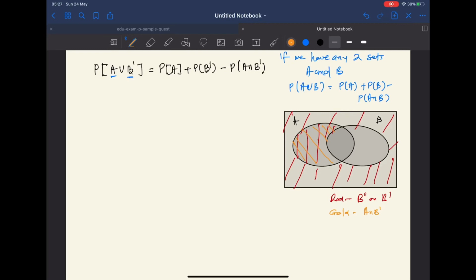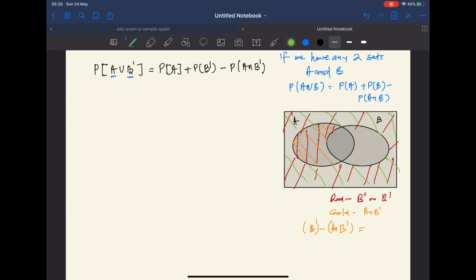So if I have B prime difference A intersection B prime, then it is the set B prime taking off anything that belongs to A intersection B prime, and we then realize that it is the green region we have here.